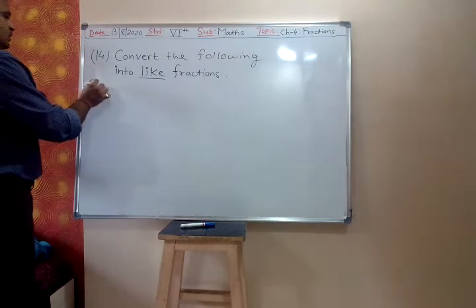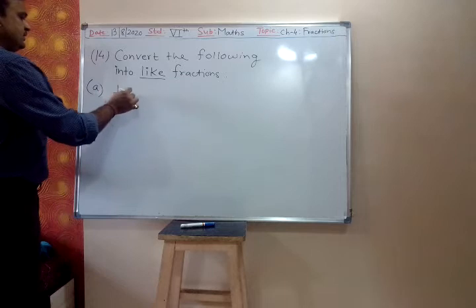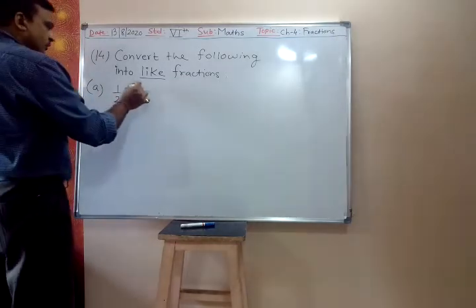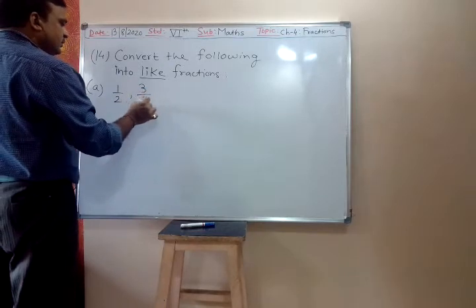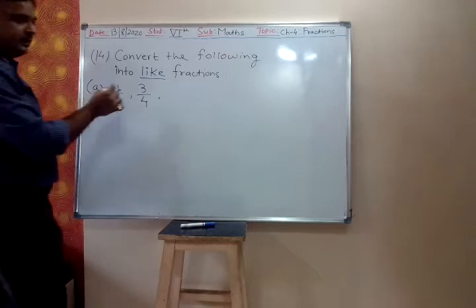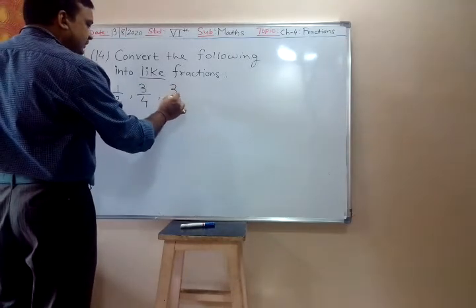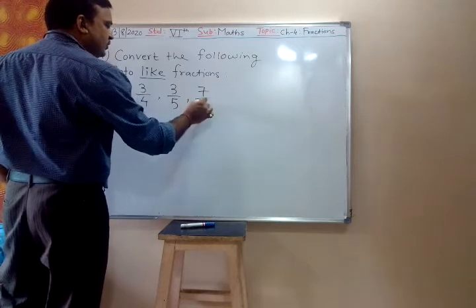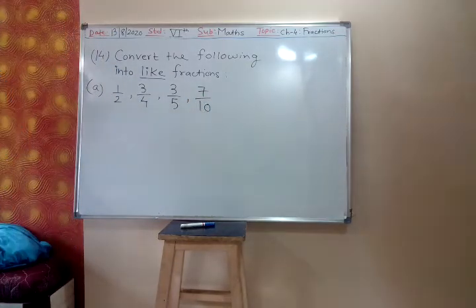All of you have to understand this concept of conversion into like fraction. 1 by 2, 3 by 4, 3 by 5 and 7 by 10. So these fractions are given. Convert these fractions into like fractions.